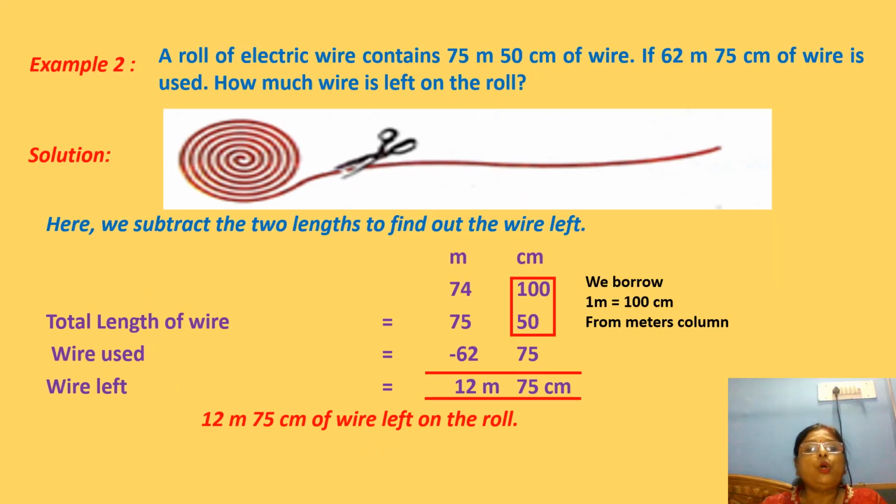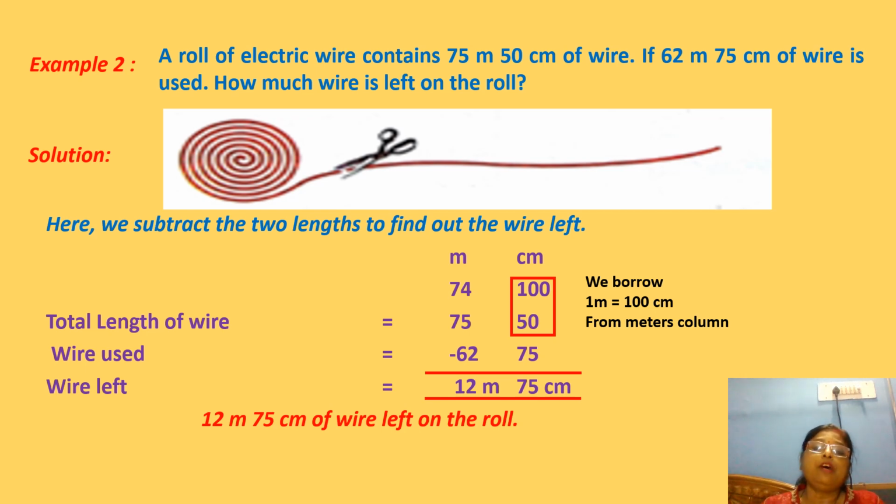Children, your next example is: A roll of electric wire contains 75 meter 50 centimeter of wire. If 62 meter 75 centimeter of wire is used, how much wire is left on the roll? First you understand the question.